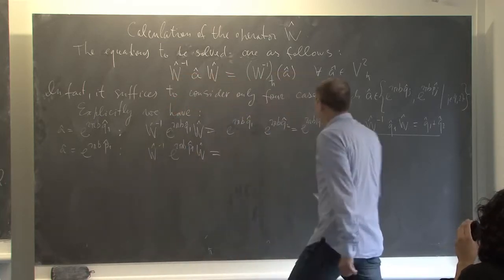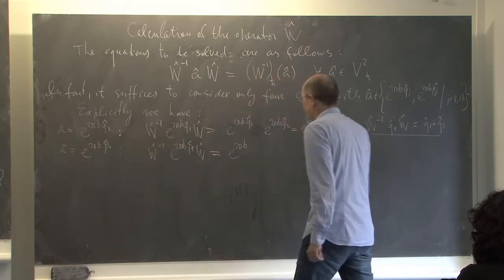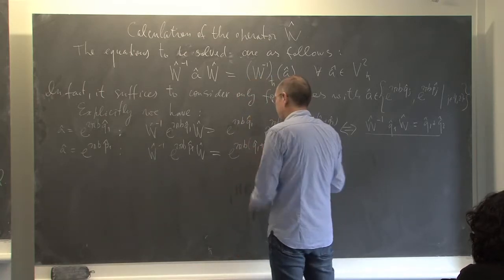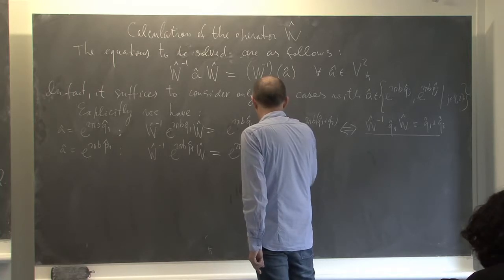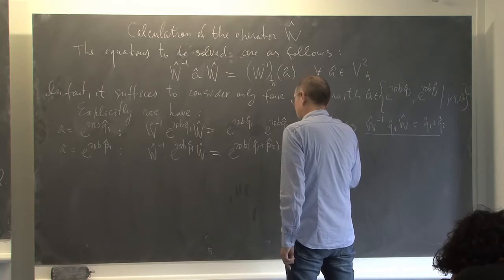On the right-hand side, we write the formula. I just write the answer, and you just check that it is correct. Plus Q1 hat plus P2 plus E 2 pi B P1.